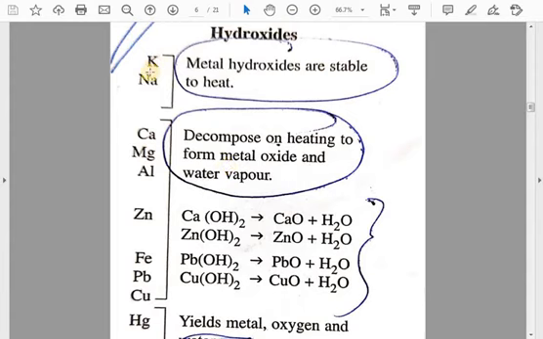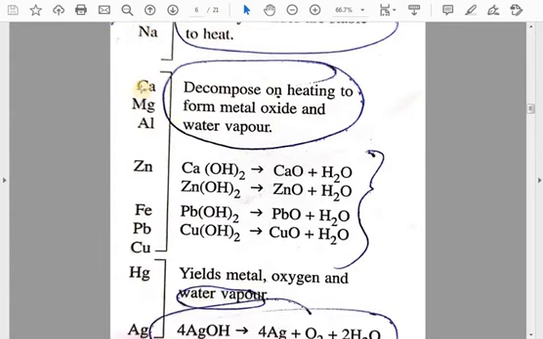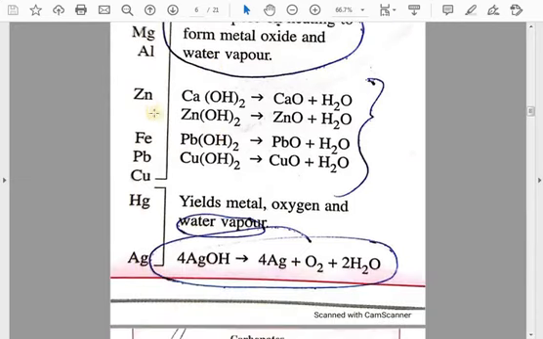Metals which are very reactive, their compounds are very stable to heat. They do not decompose easily. So these are potassium and sodium. Then comes calcium, magnesium, aluminium. They decompose on heating to form metal oxide and water vapor. Then comes zinc.